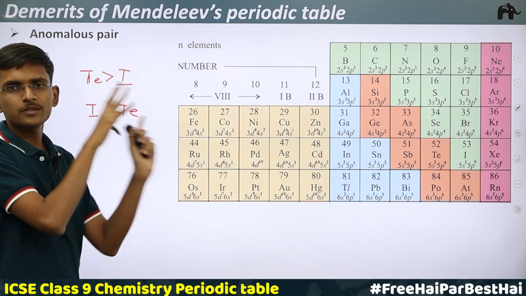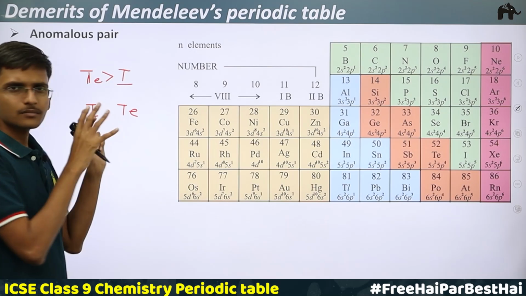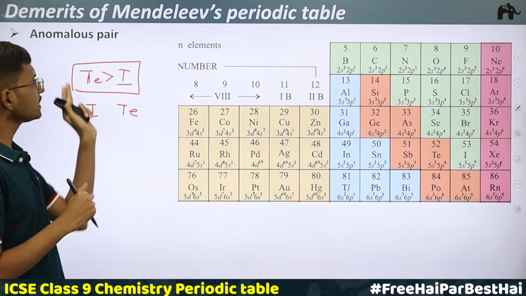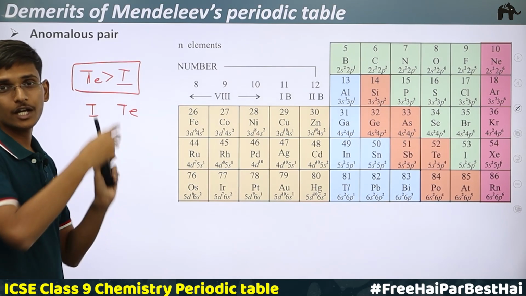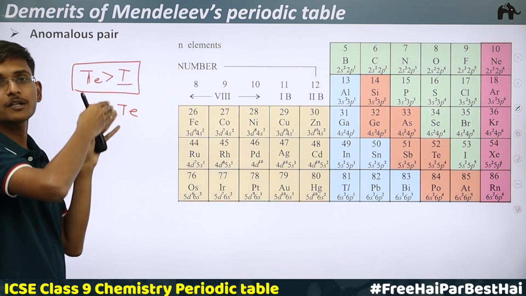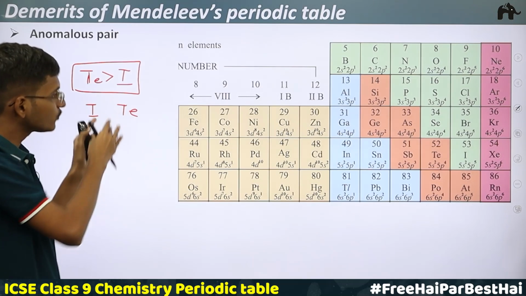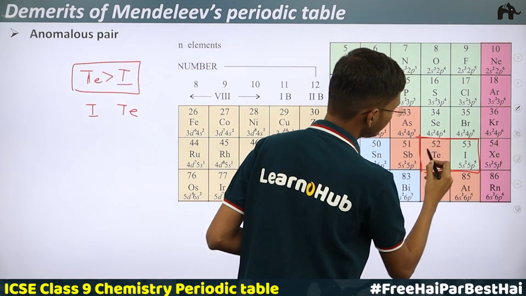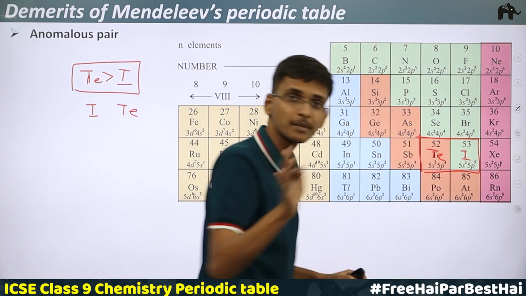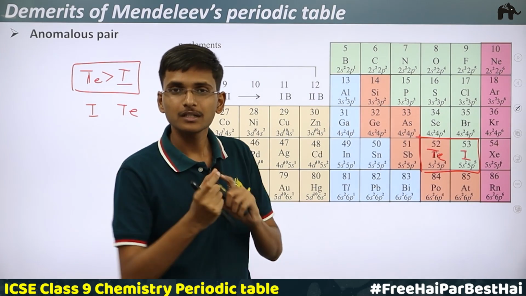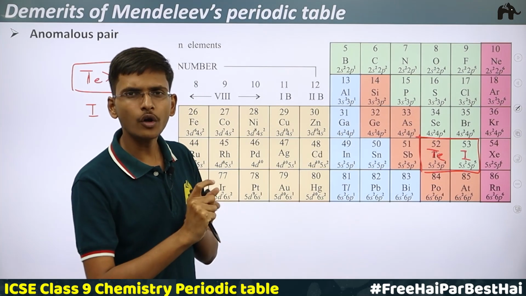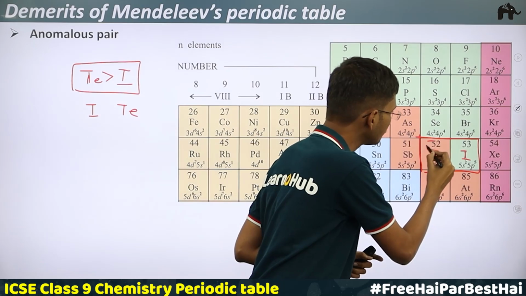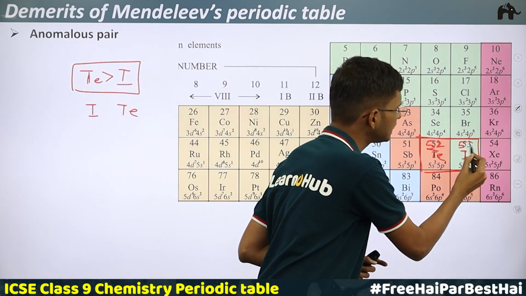But when we observe the modern periodic table, it should be exactly like this. Tellurium should be first and then iodine should be placed, because iodine should be placed with the elements having similar properties, that is fluorine, chlorine and bromine. You can see here tellurium is placed before iodine, and the atomic number order is not disturbed, because tellurium's atomic number is 52 and iodine's atomic number is 53.